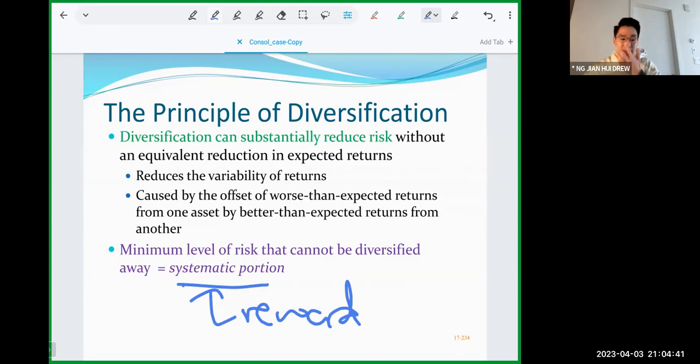What does this mean? For example, today I got my bonus, and I want to buy a stock. If I have two choices, I buy the S&P 500, which is a diversified portfolio, or I buy Meta. If I buy Meta, I'm going to take on the systematic risk and unsystematic risk of Meta.